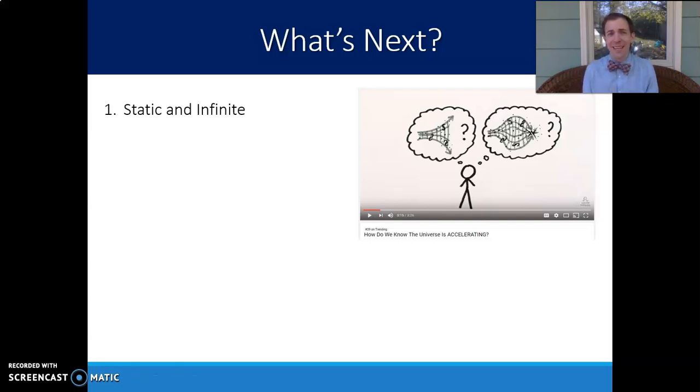The first theory is that the universe is static and infinite. This is actually the theory that Einstein subscribed to. His theory of the universe was that it is what it is. It's not changing. It's not getting bigger. It's not getting smaller. It's just everywhere. It's all places, static and infinite.